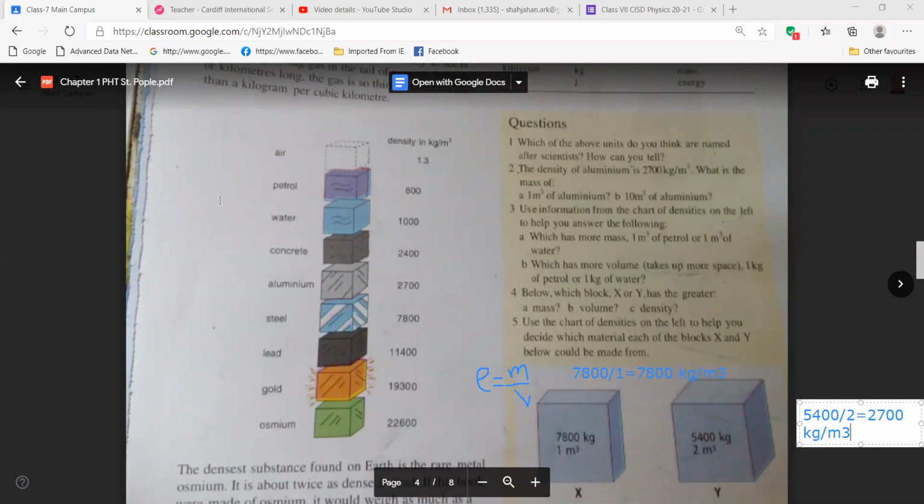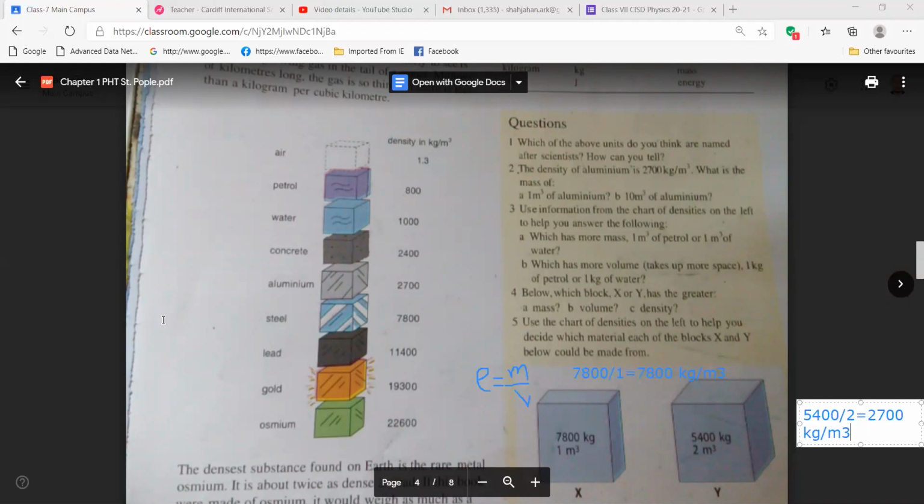Air has 1.3, petrol has 800, water has 1000, concrete 2400 kg per meter cube, aluminum 2700 kg per meter cube, steel 7800, lead, gold, osmium. Block X is made from steel, because its density is 7800.